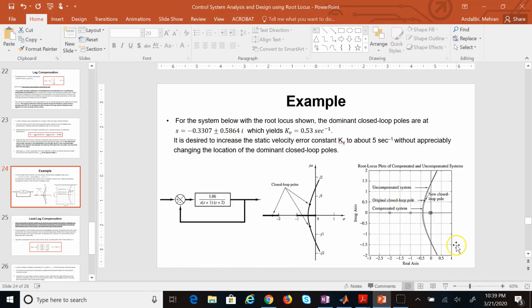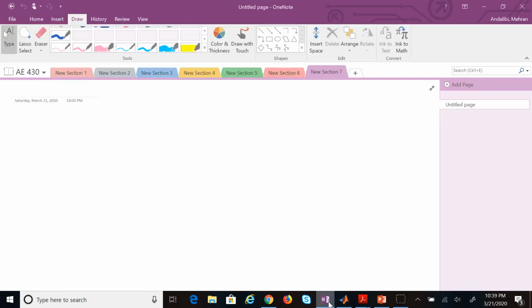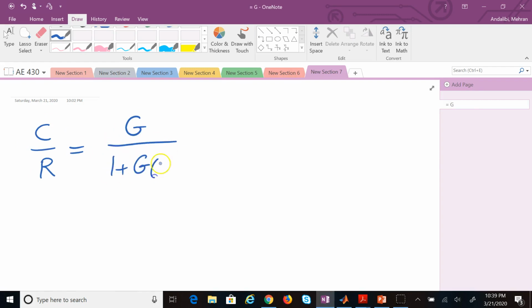So this is what we do. First, it's 1.06. So if I go back here, the closed loop transfer function for the original system is, of course, G over 1 plus G times H, which is 1. So if you simplify with this G, right?